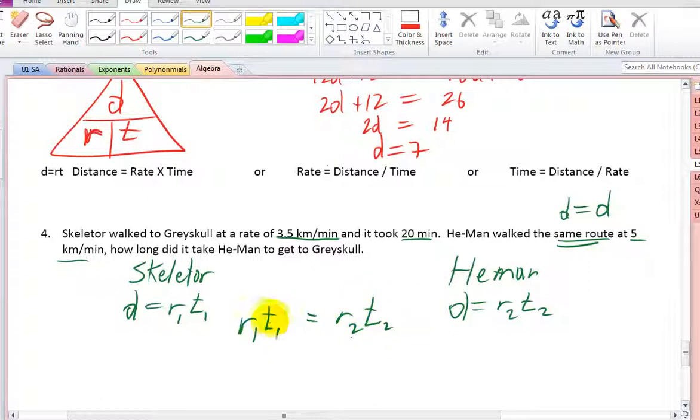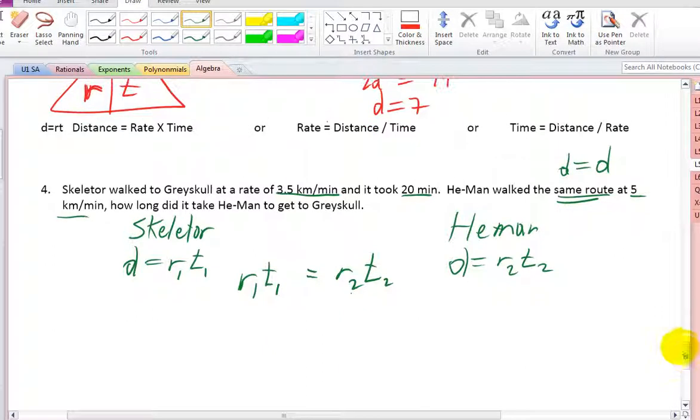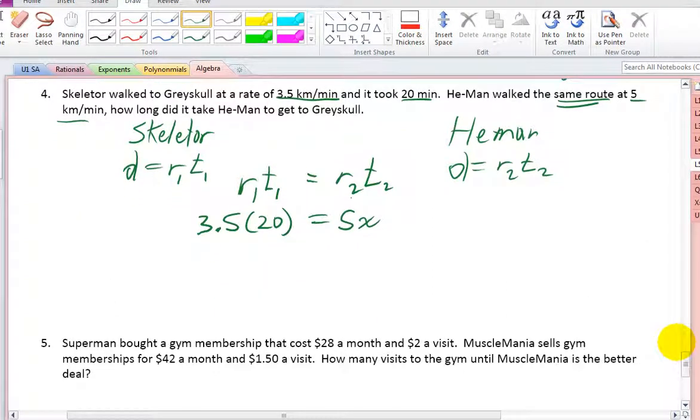Okay. So, rate times time. Skeletor is 3.5 times 20. He-Man, his rate was 5 kilometers per minute, but what was his time? I don't know. So we'll call it X. Okay, now you can totally solve for it.